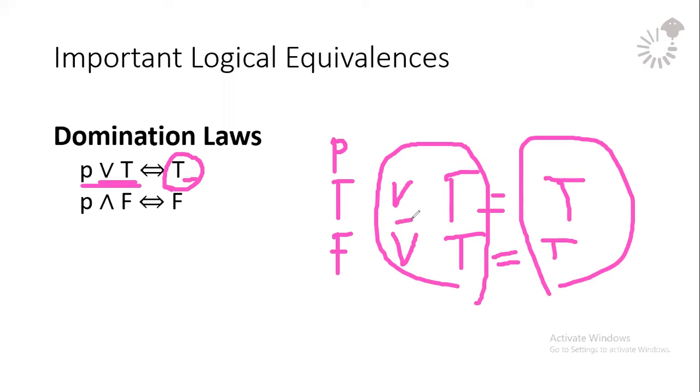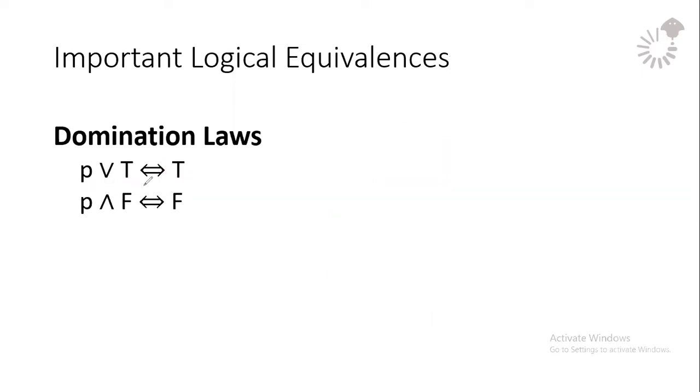That is why for or, the dominating value you always see is true, true, true, because true is the dominating value for the operation or. That's how it is. The second equation, and. Anything that is in conjunction with false, the answer is false.